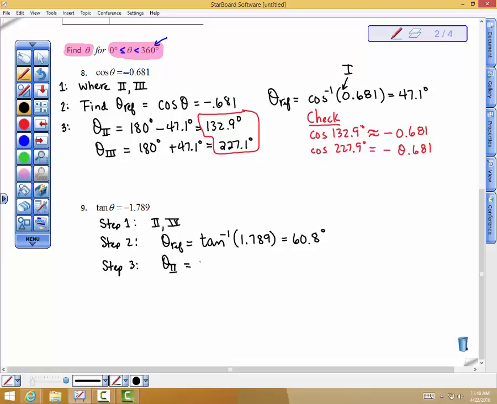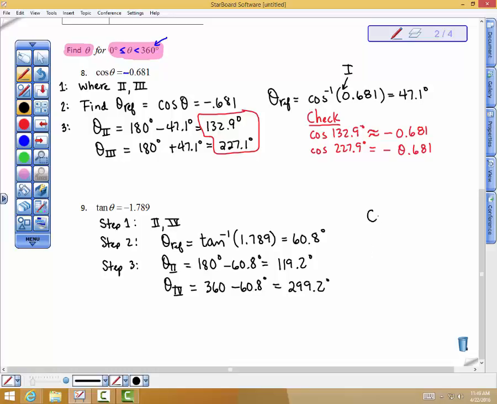So in the second quadrant, we'd take 180 degrees and subtract the reference angle and get 119.2. I'm doing that in my head right now. And in the fourth quadrant, since tangent's negative in the fourth, I'd take 360 minus the 60.8 degrees. So I'd get 299.2 degrees.